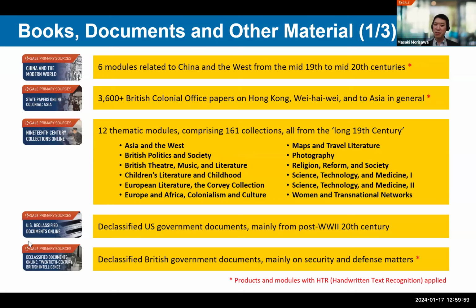We have declassified documents. These are government documents that were formerly secret or classified. They are no longer classified and open to the public. We have a collection of American ones and a collection of British ones, okay?